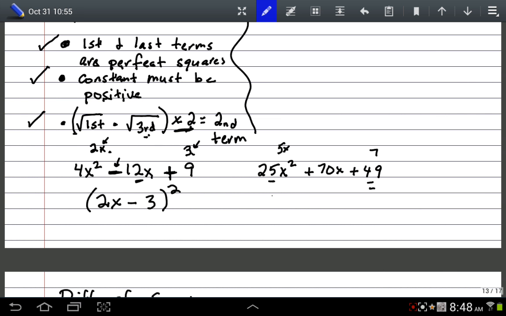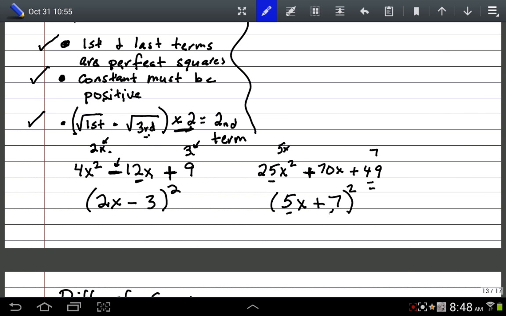So now, our factors here, this is going to factor into 5x and a 7. Recall you used the first sign, which is a plus in this case. And then you just say it's a quantity squared. Okay, and notice how I can check this. You remember I have my pattern: square, square, twice the product.